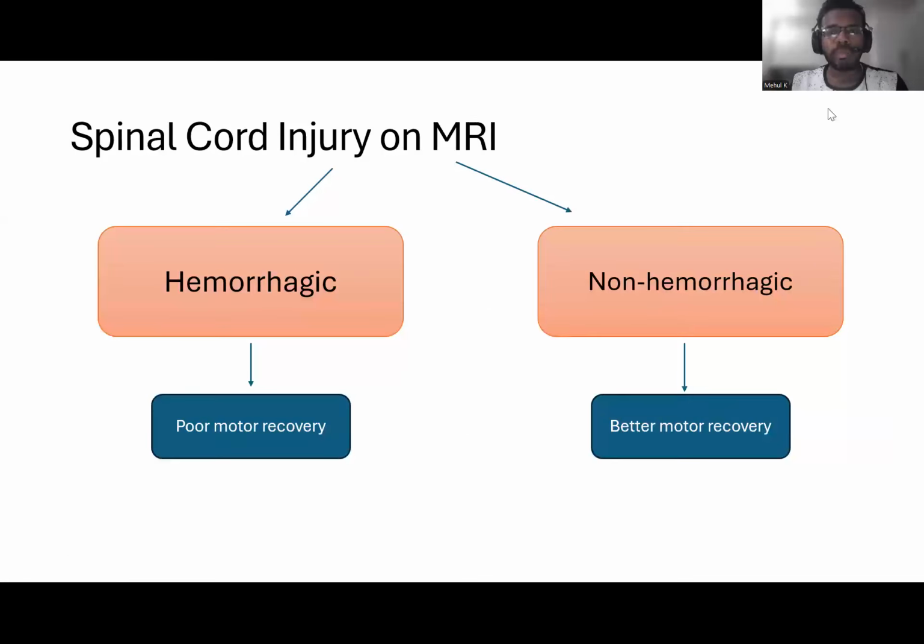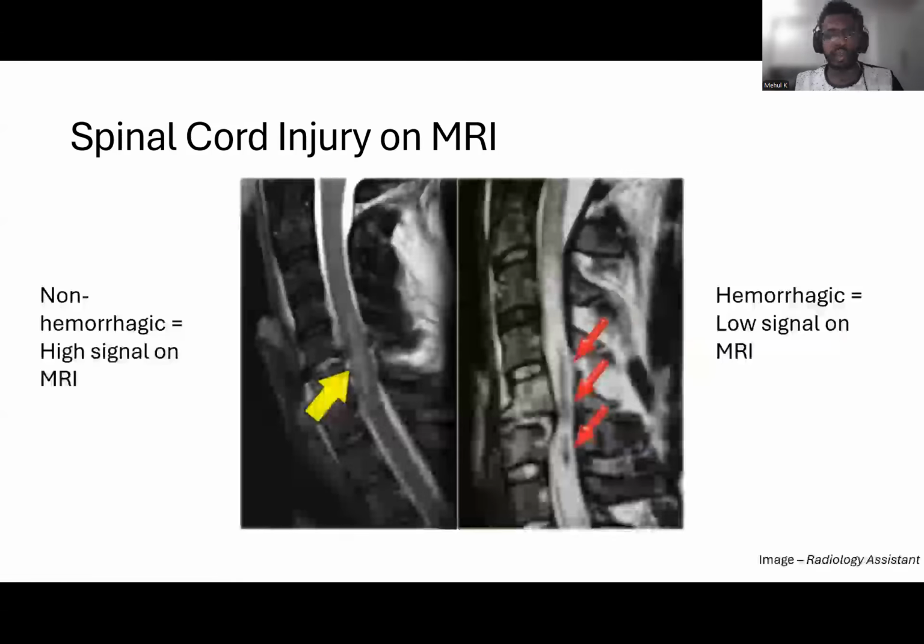What about MRI? I'm not going to go into great depth on the MRI part, but basically, what is going to be most important on MRI in spinal cord injuries is whether there is hemorrhage or not. Most of the patients who get C-spine injury will eventually get an MRI. If there's hemorrhage in the spinal cord, usually the motor recovery is going to be poor. Non-hemorrhagic, on the other hand, has better chances of some degree of motor recovery.